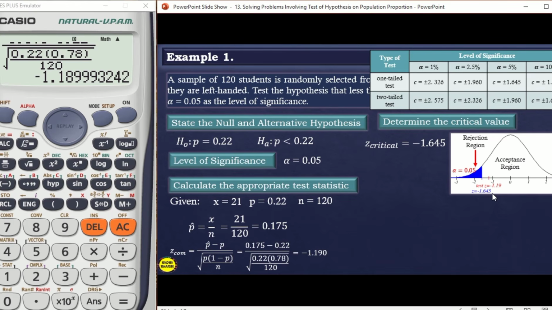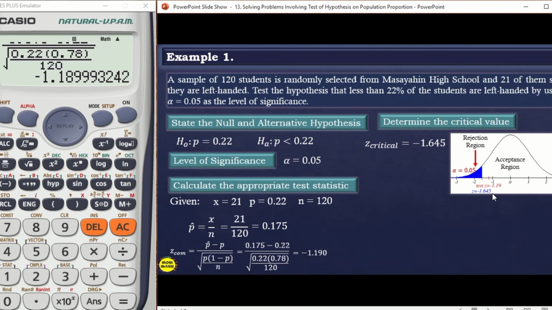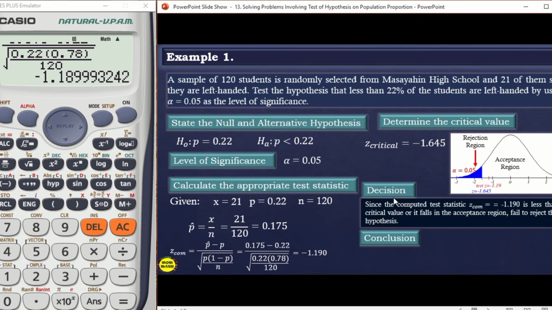So, ano yung magiging decision natin dito kapag ganito? Since the computed test statistic value, negative 1.190, is less than the critical value... dapat greater than. Wait, class.